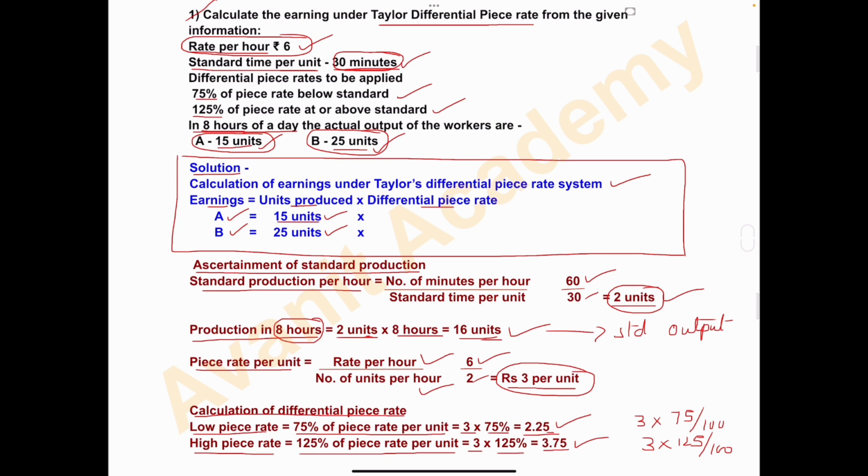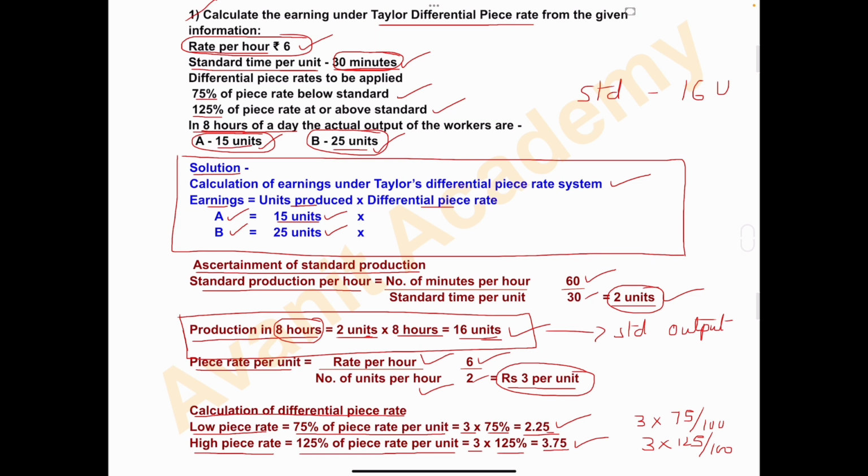So has this person A produced below the standard or above the standard? Below the standard, because the standard output is 16 units. Correct? We have already calculated here. Production in 8 hours, that is 16 units. So this person A has produced below the standard.